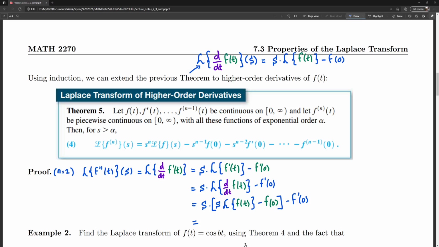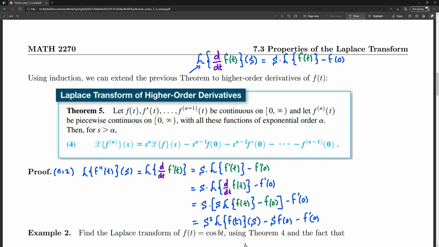And so for the second derivative, we get s squared times the Laplace transform of f of t evaluated at s, and then minus s times f of 0, and then minus f prime of 0. And you should verify that this part is the same as here with n equals 2.